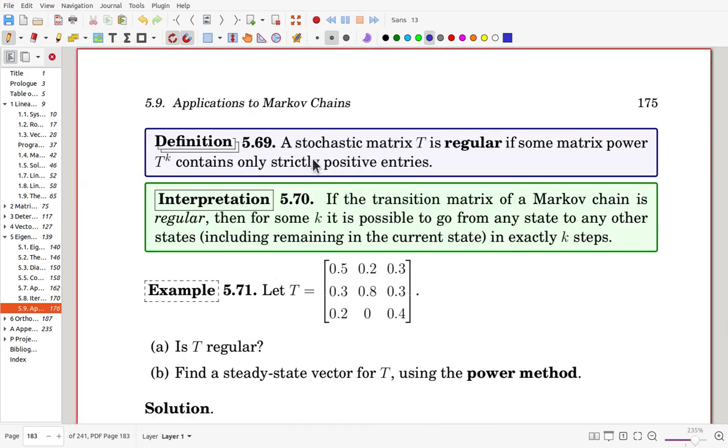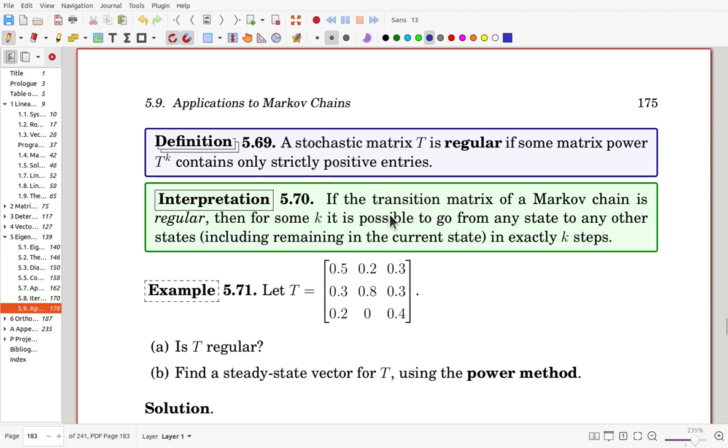A stochastic matrix T is regular if some matrix power T^k contains only strictly positive entries. After a certain number of multiplications of T, once all entries become positive, then we call the given stochastic matrix regular.